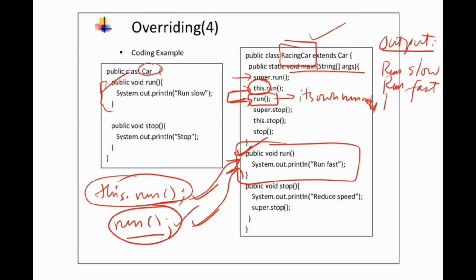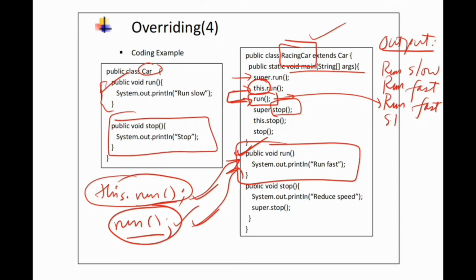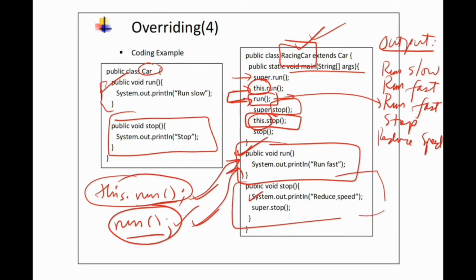It outputs "run fast" again for this one, and then it calls the stop method of the parent or superclass, which outputs "stop". And then it calls the stop method of this class, so you have an output "reduce speed", and after that, it calls the stop method of the superclass, which outputs "stop".